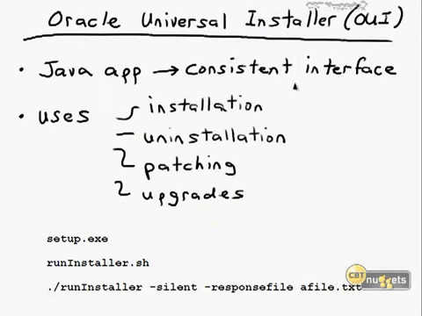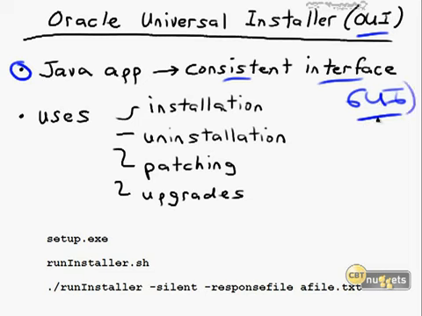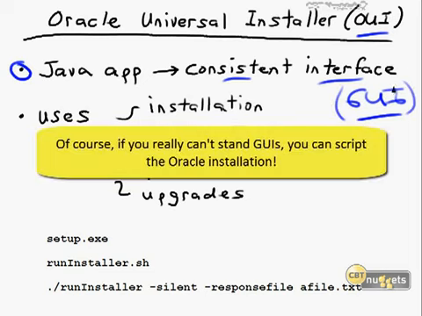The Oracle Universal Installer, also called OUI, is the main installation utility for installing and maintaining Oracle 11g database. Because Oracle Universal Installer is a Java application, it provides a consistent interface regardless of your platform. It is, in fact, a GUI application. And I know some old school Linux people never like GUIs, but hey, that's what we have here.